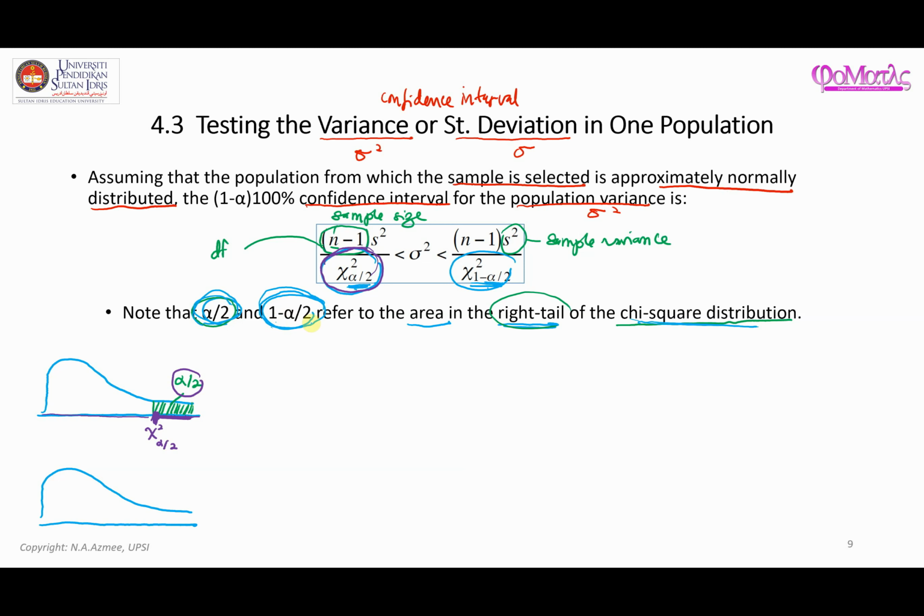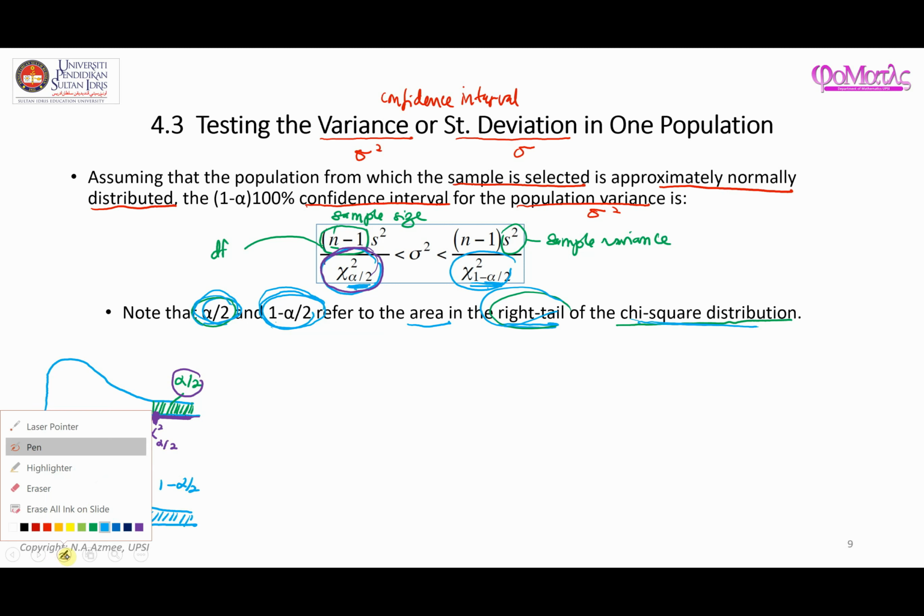So 1 minus a small value gives a very big area in the right tail of the chi-square distribution. You can imagine the area is going to be maybe something like this. So the area here is 1 minus alpha over 2.